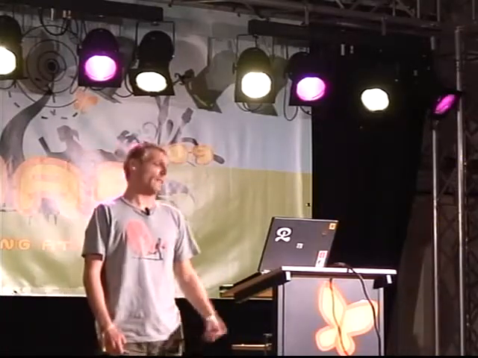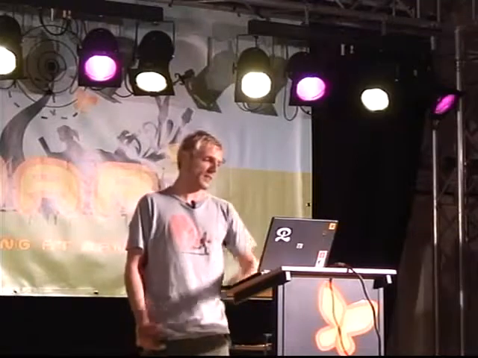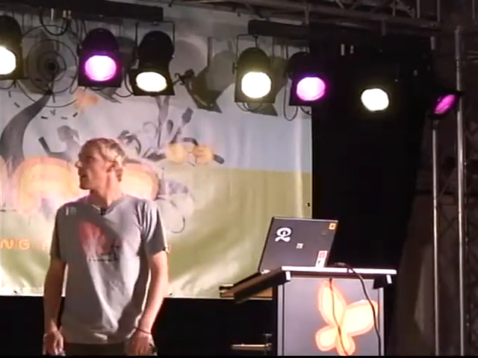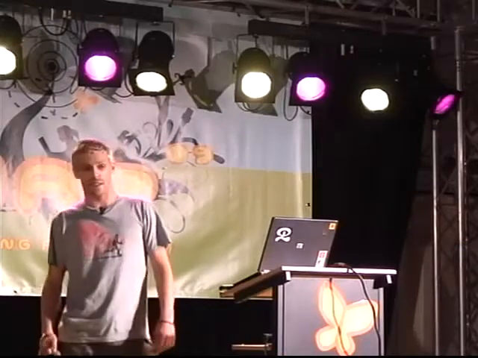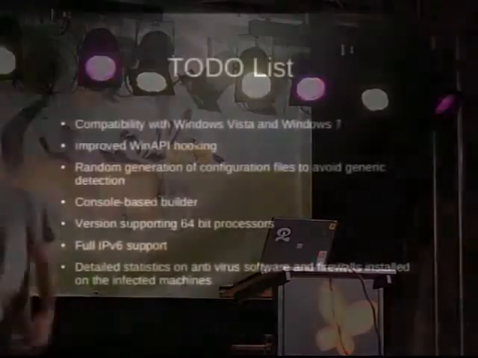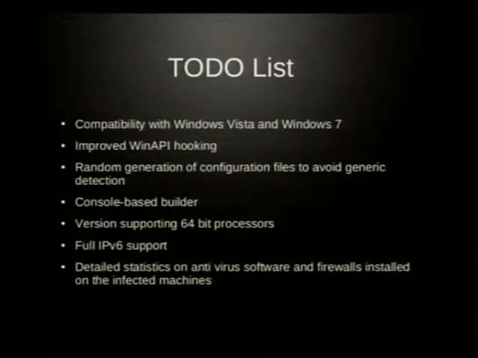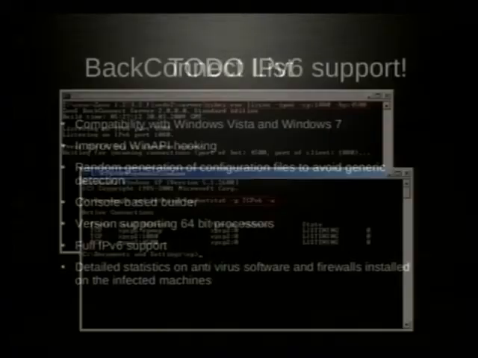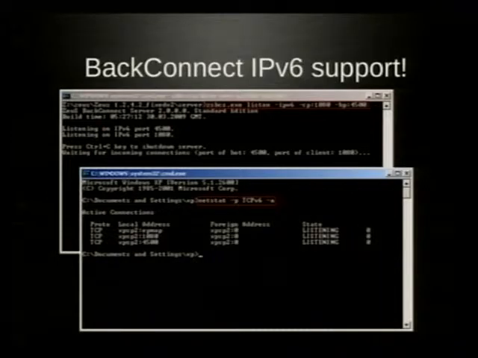Improved API hooking. Important for me is also that it uses the IP version 6 functionality. It's in the to-do list, which is quite crazy because I didn't hear of any other banking malware which is IPv6 capable. And really, parts of it, he does like this.